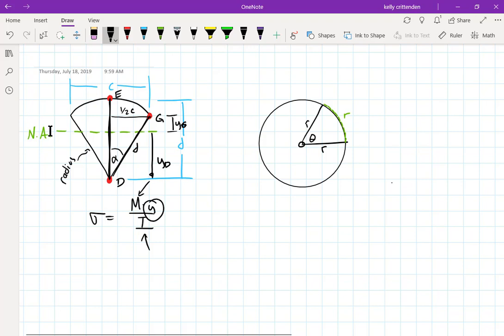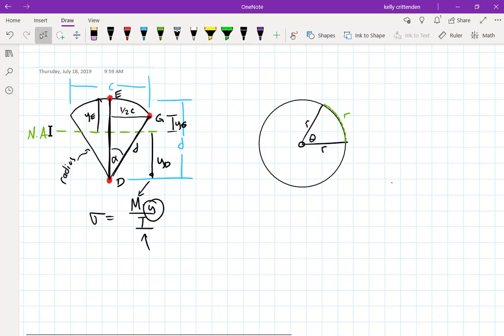And then for E, you go from the neutral axis up to here, and that number would be a little bit different. So they all have different flexural stress equations, even though they have the same I and same bending moment, because they're different distances from the neutral axis. And the way flexural stress works is the further you get from the neutral axis, the more stress and strain you deal with.